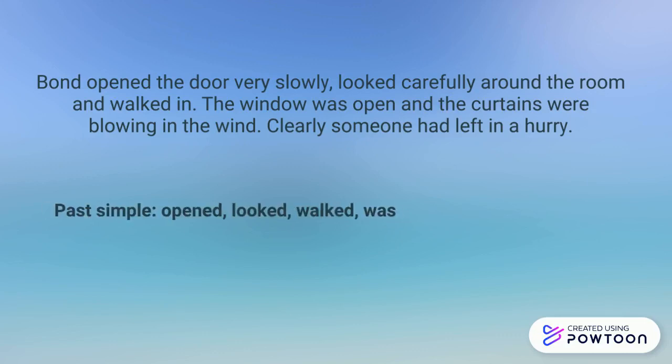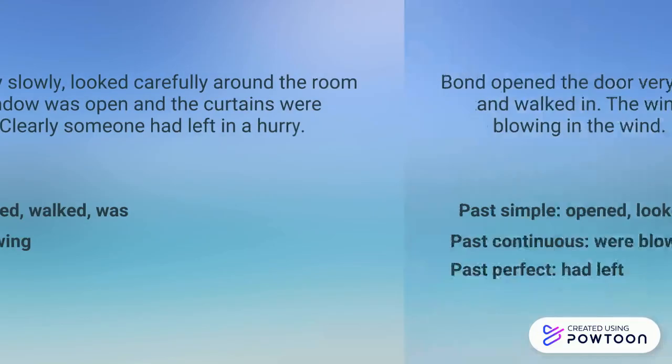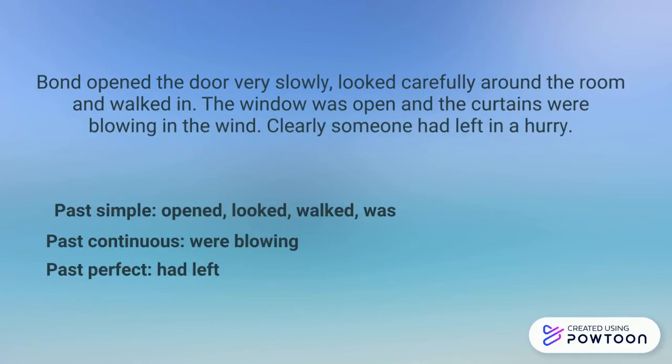So you have the different verbs that are used here: simple past, opened, looked, walked, and was. And then you also have past continuous, were blowing, and past perfect, had left. What is important here is that the simple past is going to be used when we are talking about a sequence, like in this example.